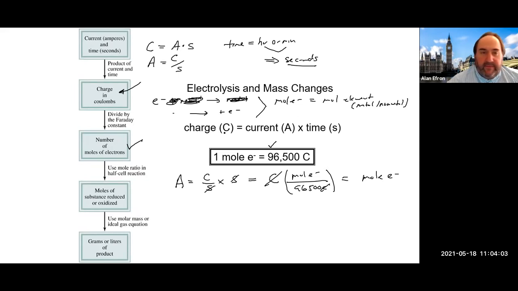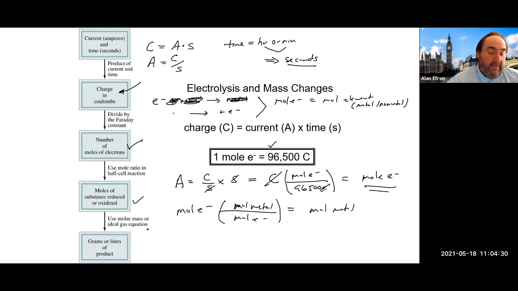And we come up with moles of the metal or moles of the non-metal to moles of electrons. So we could do something like, hey, from the half reaction, there's so many moles of electrons, give me moles of, say, a metal, for example. And that will then get us to moles of a metal, or again, could be moles of a non-metal as well.